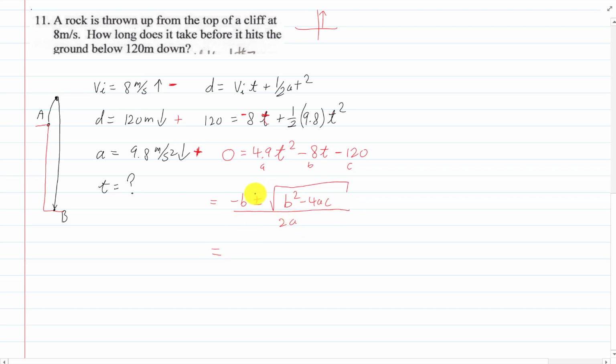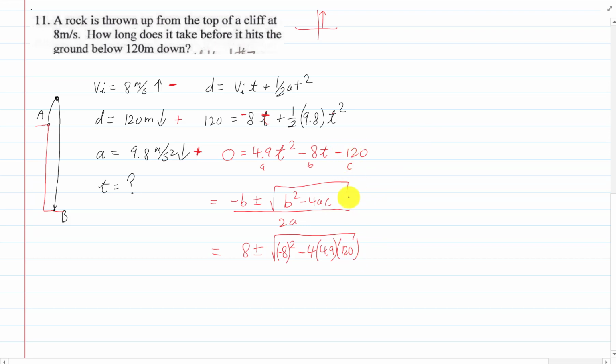So it's negative B, which is positive 8, plus or minus the square root of negative 8 squared, but anything squared becomes positive, so it didn't really matter. Just semantics, let's put a negative 8 squared, minus 4 times A, which is 4.9, times negative 120.